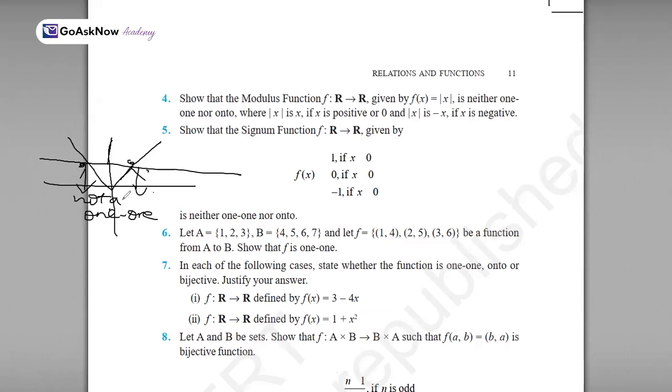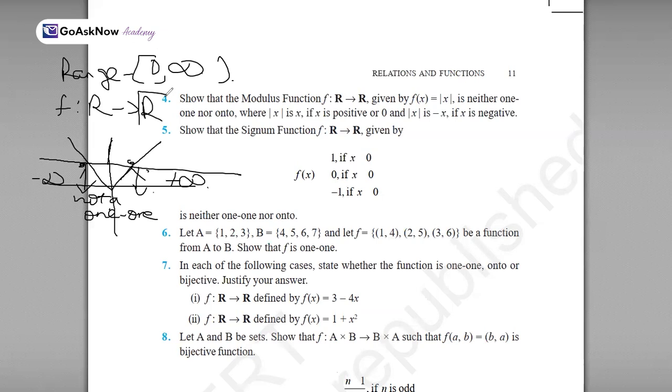And I have to show that it is not onto also. How will you show that it is not onto? The domain contains all real numbers, from minus infinity to plus infinity, but the range covers only 0 to infinity. So the function is defined from real numbers to real numbers, but all the real numbers are not covered in the range.